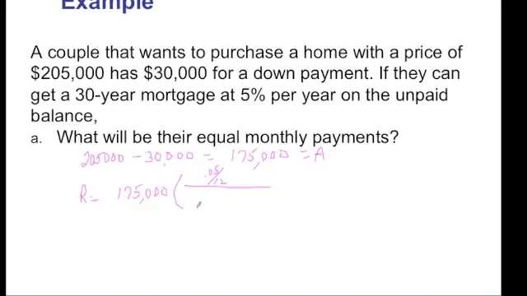The denominator is 1 minus parentheses 1 plus I, which is R over K, raised to the negative N, which is K times the number of years.